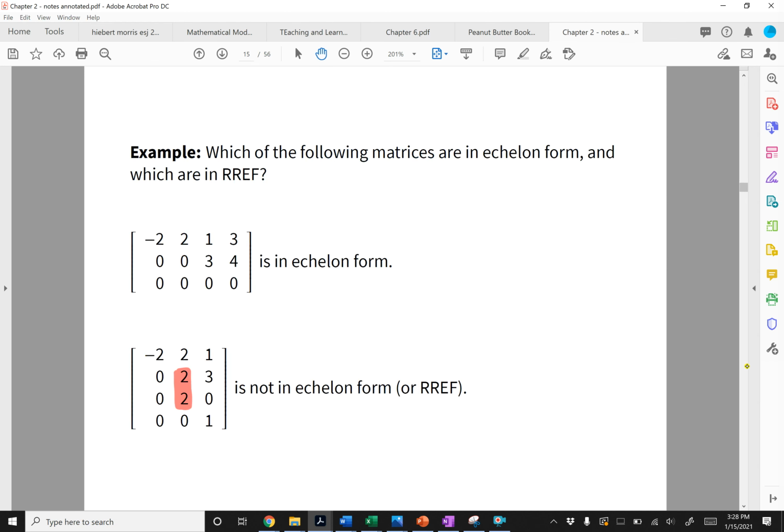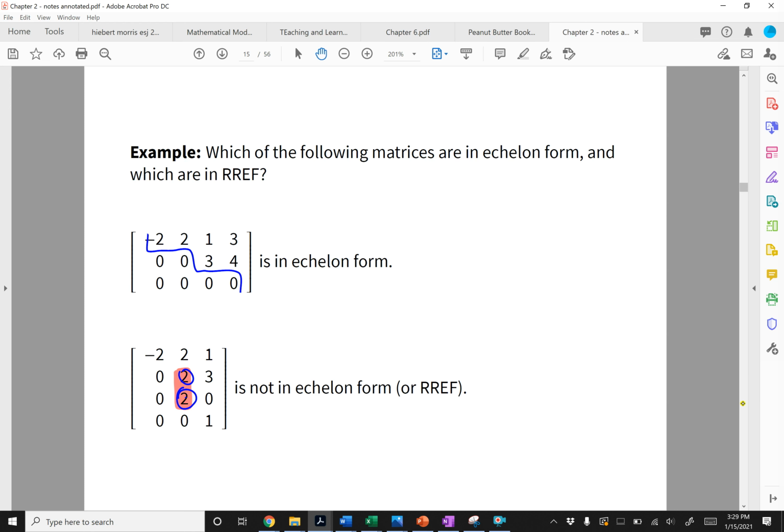I think we have some examples. Yep. So here, this is in echelon form. If we look at the zeros, we get the stair step effect following the leading entries. This is not in echelon form because this is a leading entry and this is a leading entry, and any leading entries in rows above it have to be to the left, and that's not the case here.